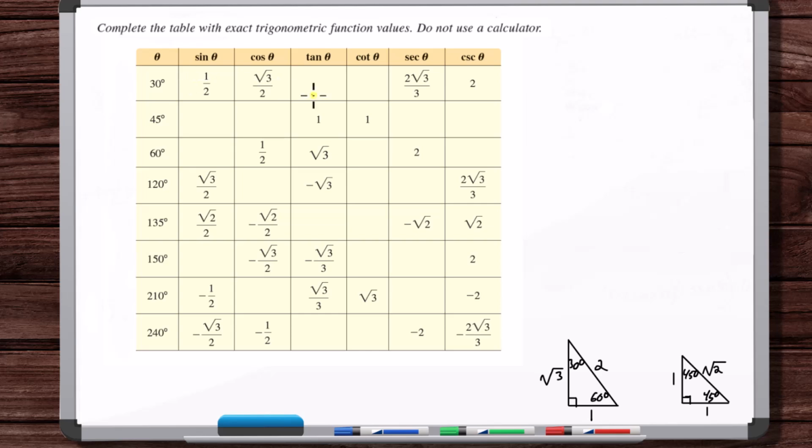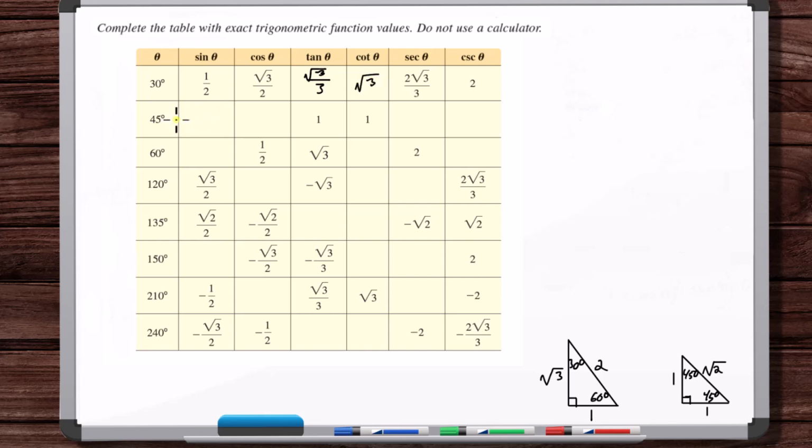So these are all going to be positive. So 1/2, root 3 over 2. Well, yeah, okay. So tangent of 30, opposite over adjacent, that's 1 over root 3. So root 3 over 3. Cotangent is 3 over root 3, which would be, so 3 over root 3 times root 3 over root 3, that's 3 root 3 over 3, that's just root 3.